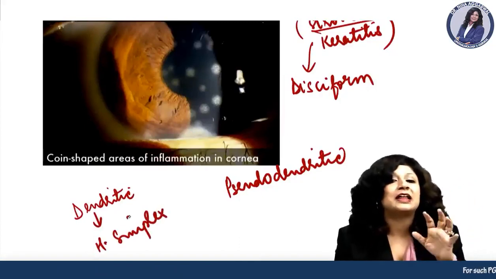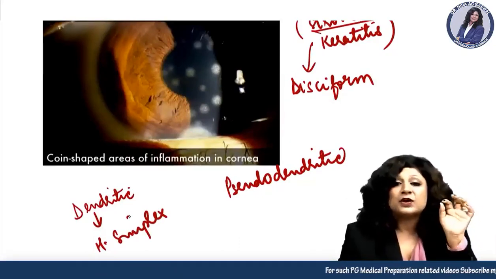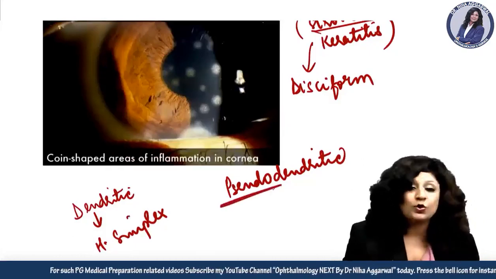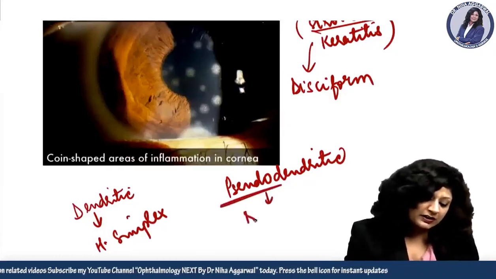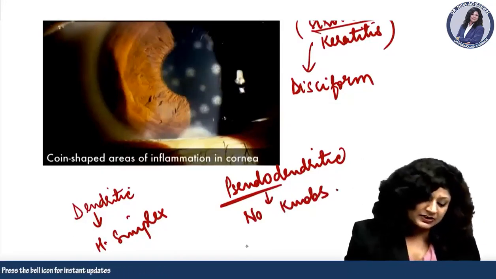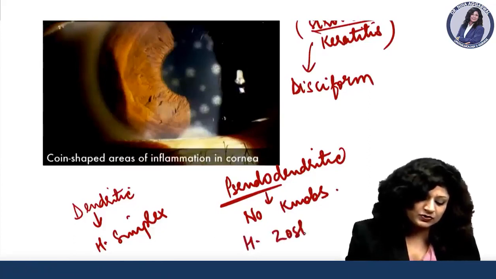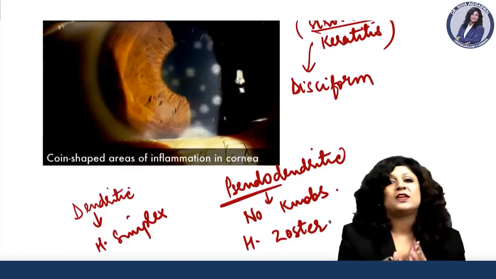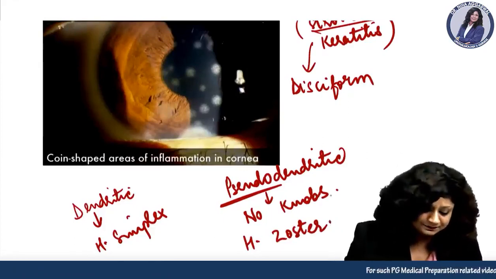We do not get a dendritic pattern anywhere else. If you are getting this dendritic pattern in herpes zoster, then it is pseudodendritic. Pseudodendritic means no knobs, and these no knobs are present in herpes zoster. So now I think it's very clear when you have dendritic and when you have pseudodendritic pattern.